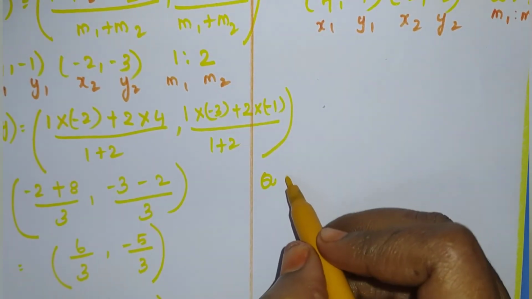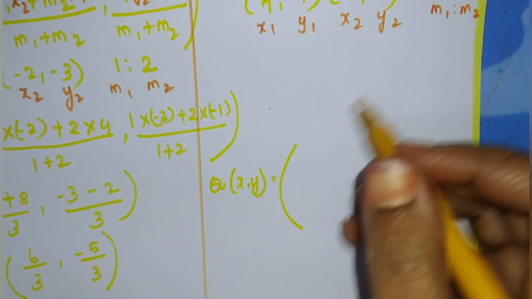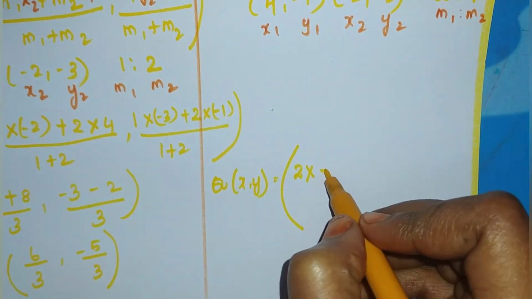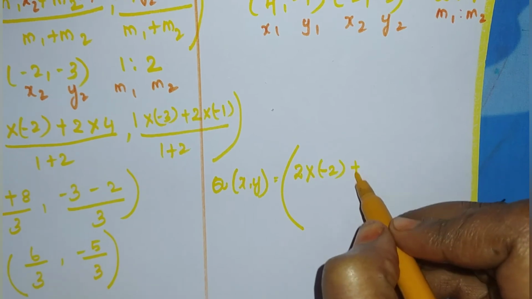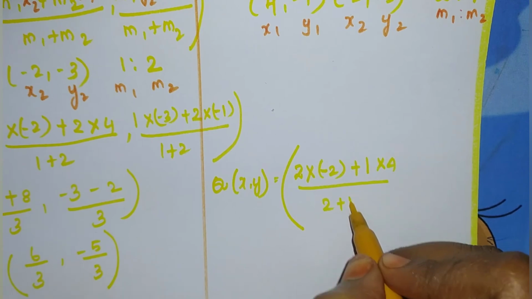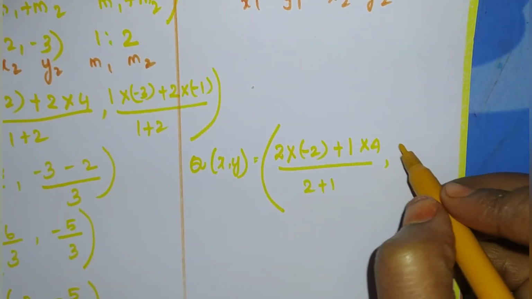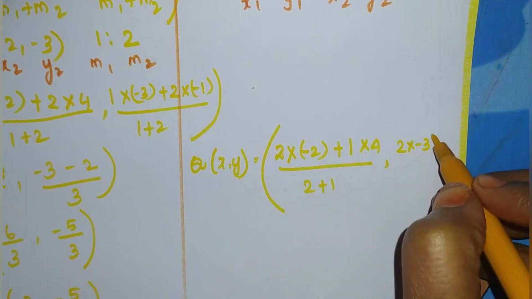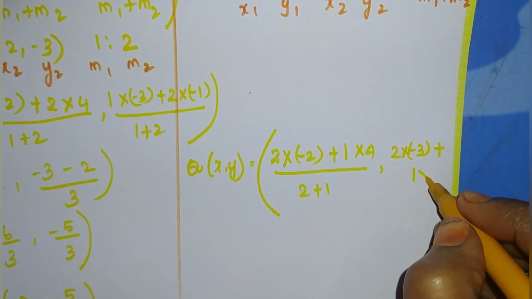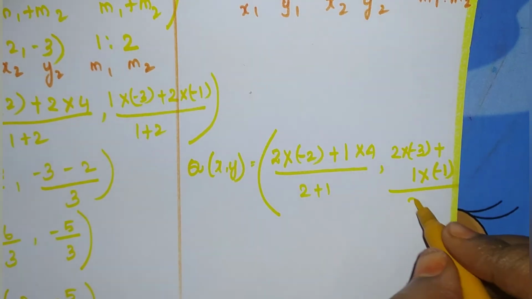So Q of x comma y is equal to m1 is 2, 2 into x2 which is minus 2, plus 1 into 4, divided by 2 plus 1, comma, next 2 into minus 3 plus 1 into minus 1, divided by 2 plus 1.